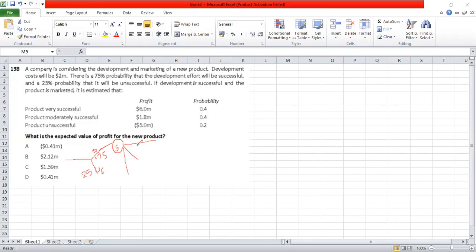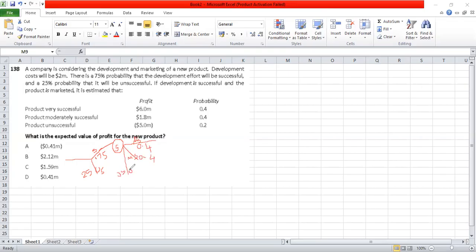The chance that the product will be successful is 0.4. This is product successful. The way you want to draw, just draw that. There's no space here. This is moderately successful. The probability of it is again 0.4. And then the unsuccessful probability is 0.2. Done.